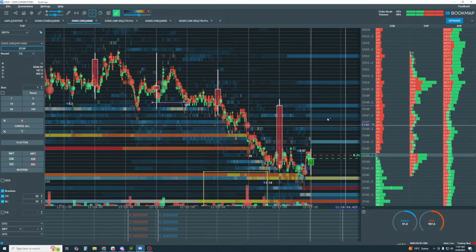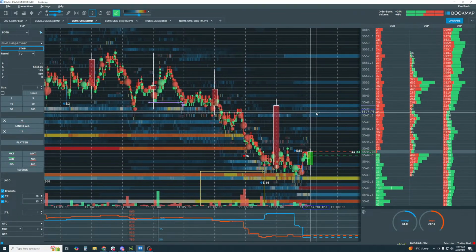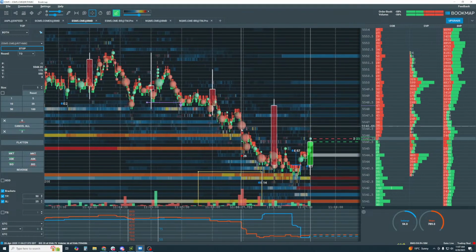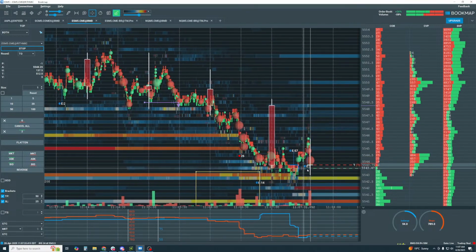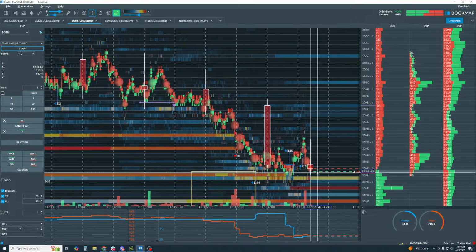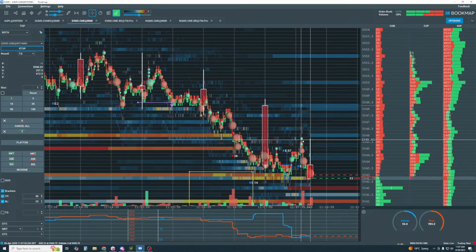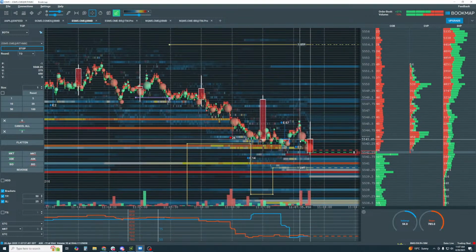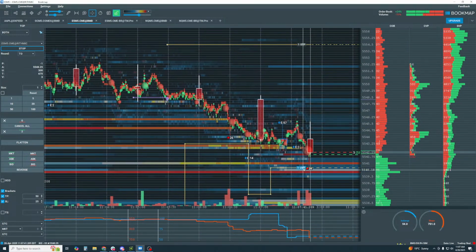Okay, now let's see if we can get this continuation move. We see some nice cluster of selling in here, bringing the market lower, and then sellers just coming in again here. That is a low volume pullback. There we go. Okay, sellers, let's see if you can take it down.